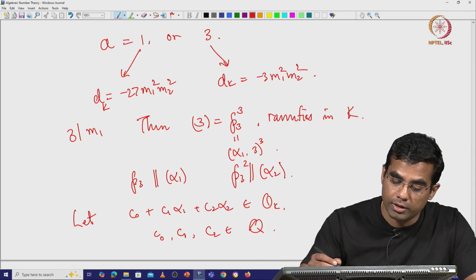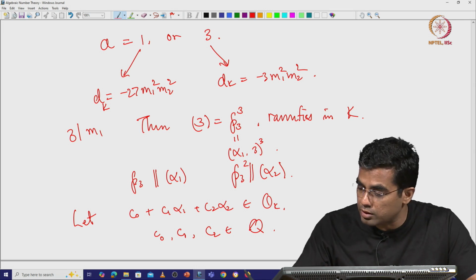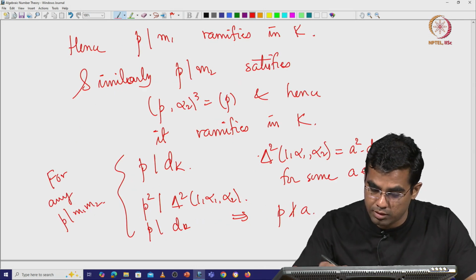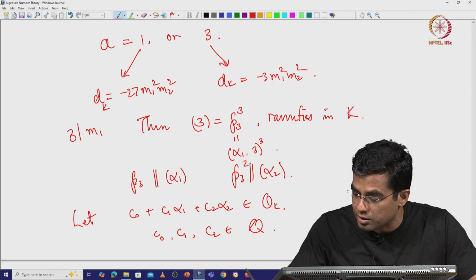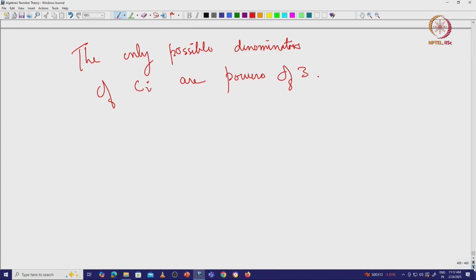When we did this, right, the possible discriminant. So, we look at the exact power of P. So, you have alpha, which is C0 plus C1 alpha 1 plus C2 alpha 2.